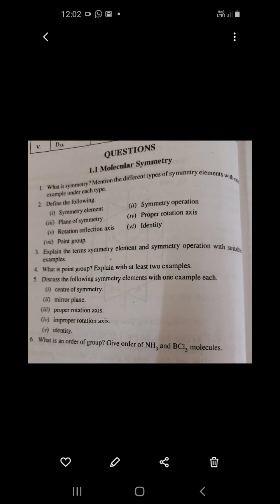Near about in each unit, 4 questions out of 6 will be asked on each topic of unit number 1, on molecular symmetry and structure of solids. So both topics are very important for examination point of view.